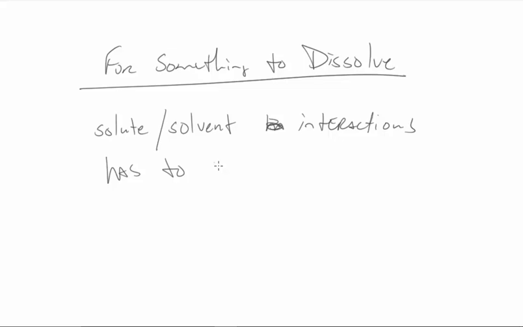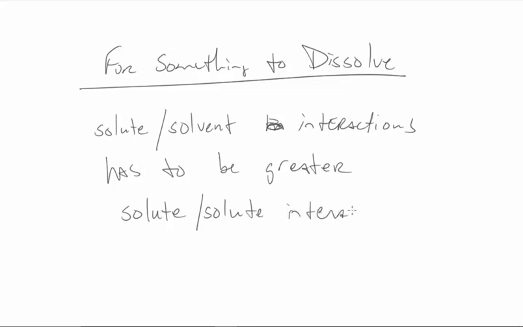So more force involved in that than the solute interaction. There you go. So for something to dissolve, the solute-solvent interaction, the interaction between what I'm dissolving and what I'm dissolving it in, has to be greater than the interaction between the solute molecules themselves. And if that's the case, then we can get something to dissolve.